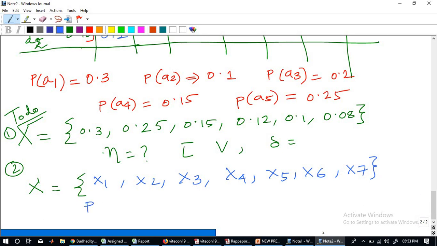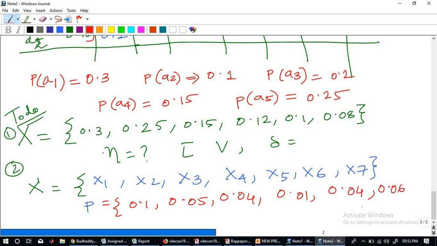And probabilities as 0.1, 0.05, 0.04, 0.01, 0.04, 0.06 and 0.7. Find the code words, H(X), that is entropy, L average, efficiency and redundancy.